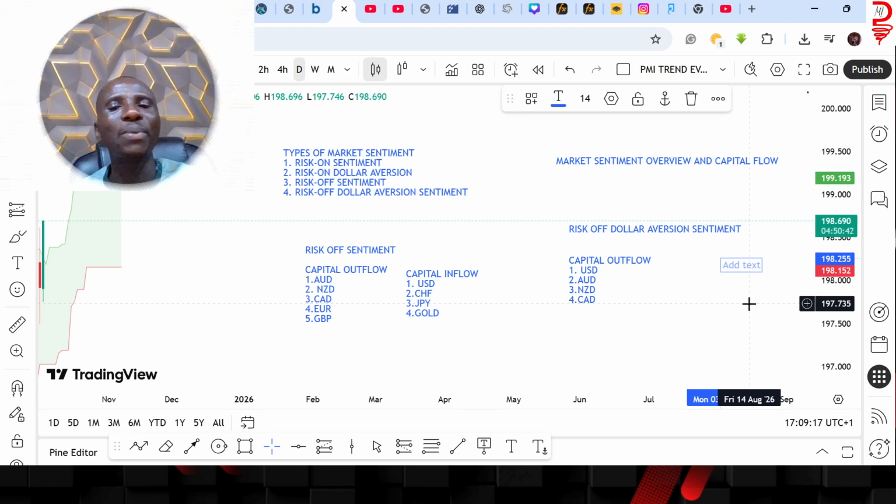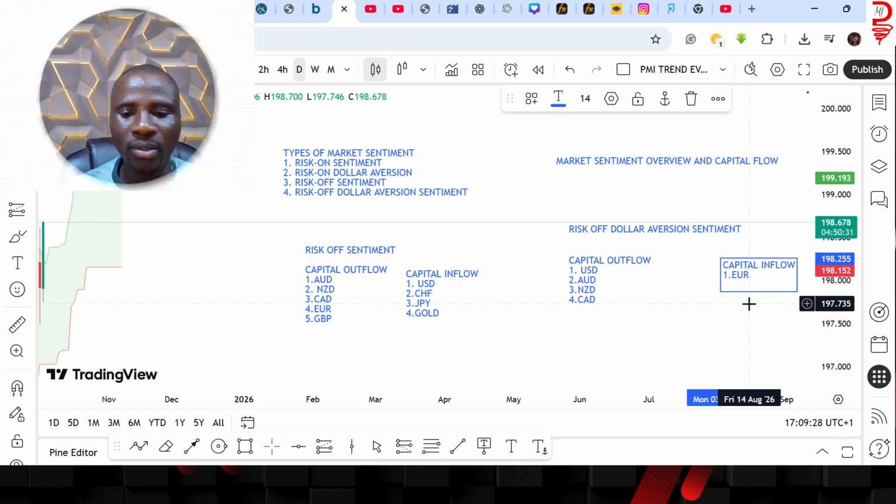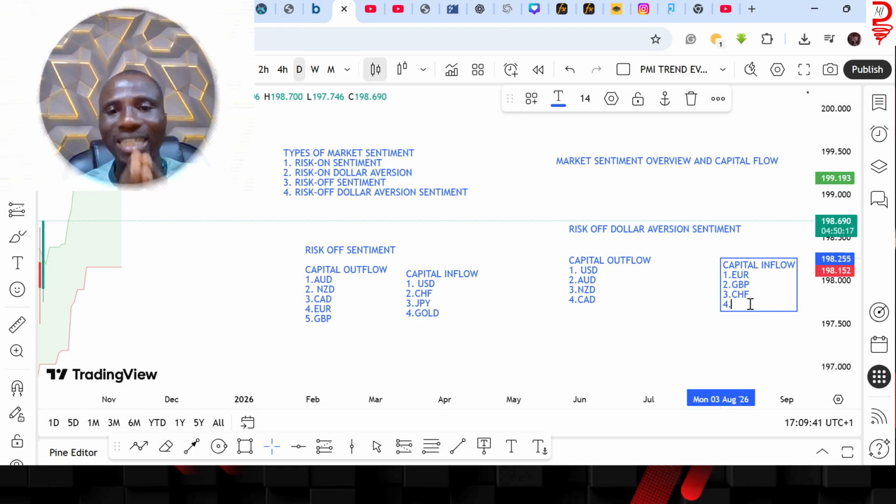So anytime capital is flowing out of dollar, you will notice that capital will be flowing into the euro, capital will be flowing into the GBP, capital of course will be flowing into all other safe haven currencies, because we still have a risk off sentiment. Do you get that now? Then of course, number 5, you have gold as a commodity.